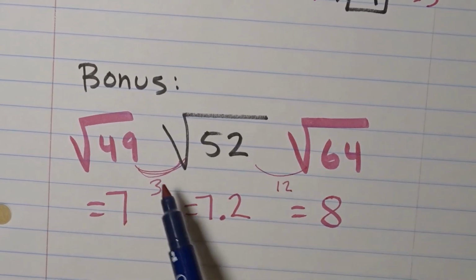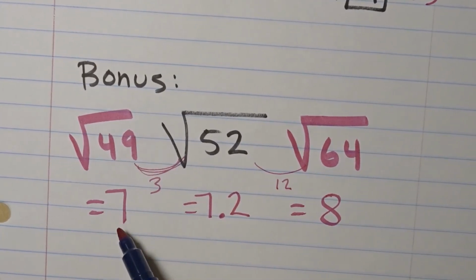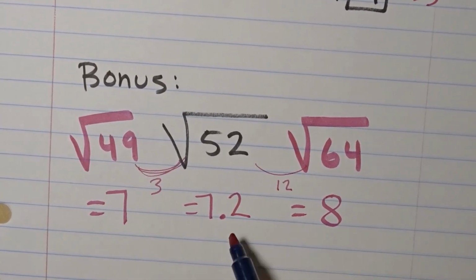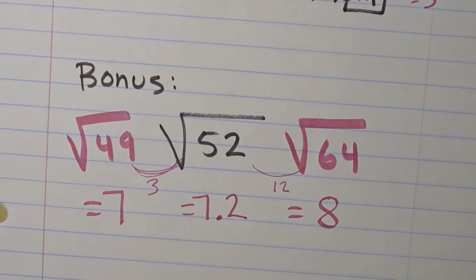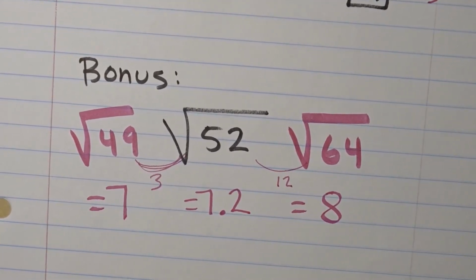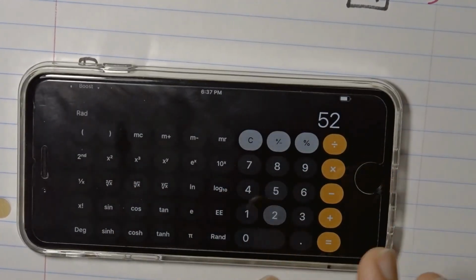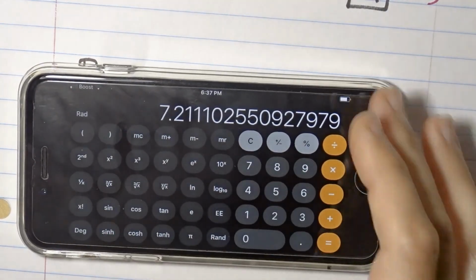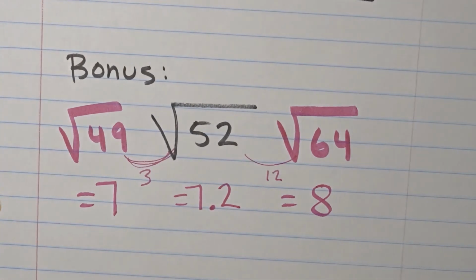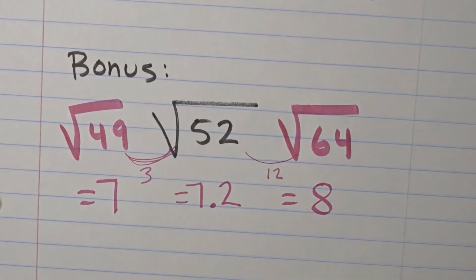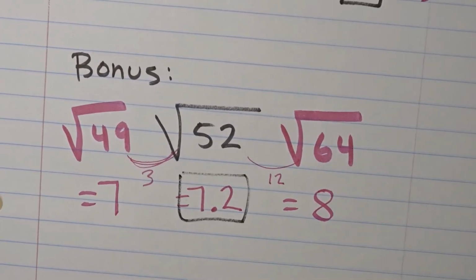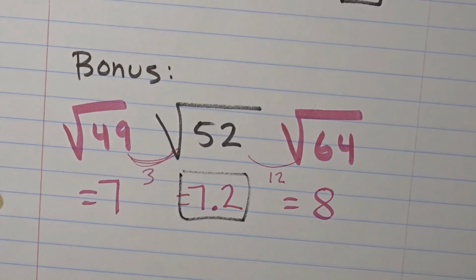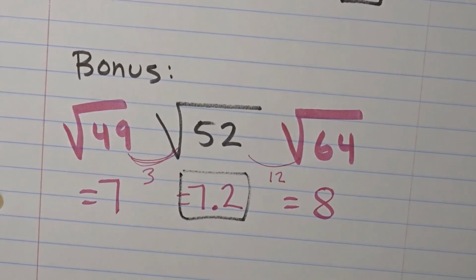It's closer to the 49 number, so it's closer to the 7, using 7.5 as my middle marker. So let's just verify that. The square root of 52 is 7.211. So there you go. And again, if you're off by a tenth, as long as you know that you're either before 7.5 or after 7.5, that prediction means that you know what you're doing. There you go.